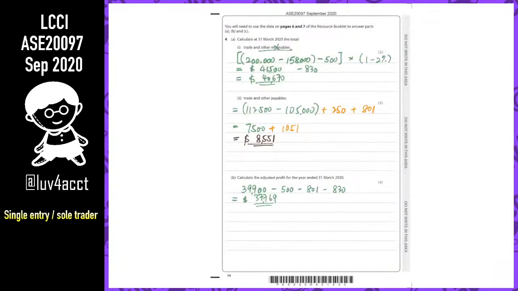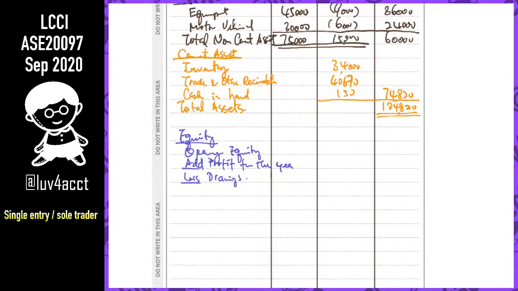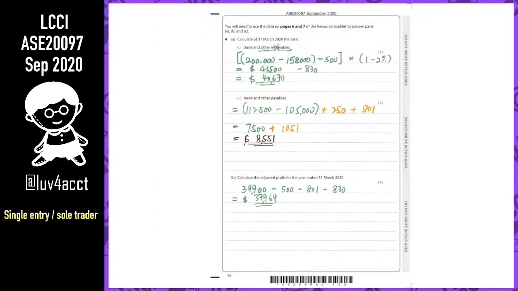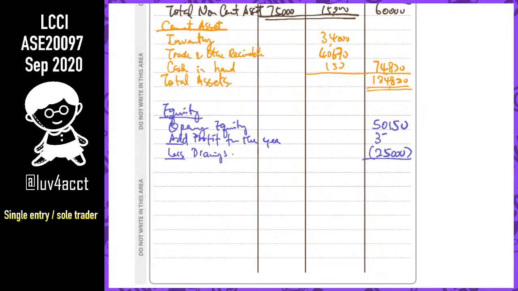Let us write it down first: 50,150, drawings being 25,000 negative. Profit is calculated in the previous part, 37,769. So we have closing equity being 37,769 minus 25,000, 62,919.